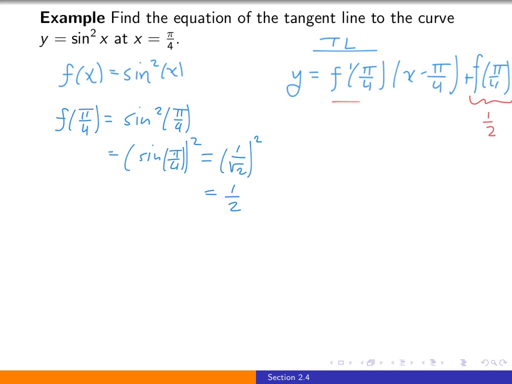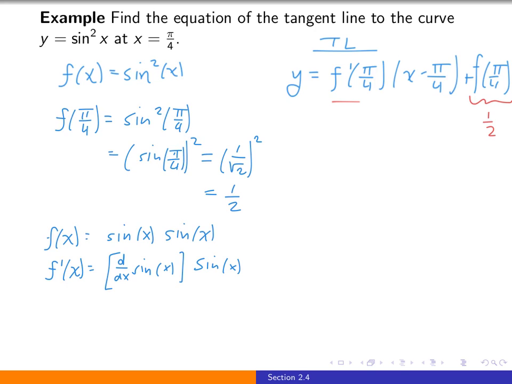Now we need to determine the derivative so that we can evaluate it at the desired point. So in terms of differentiating this function, it's sine squared. It is convenient to write that as sine multiplied by sine so that we can use the product rule. The product rule tells us the derivative of the first times the second plus the first times the derivative of the second.